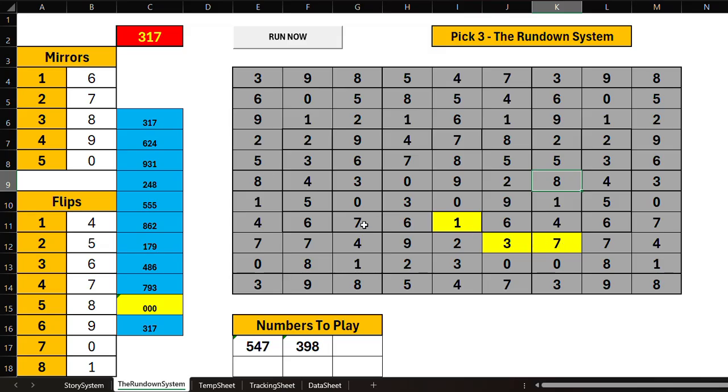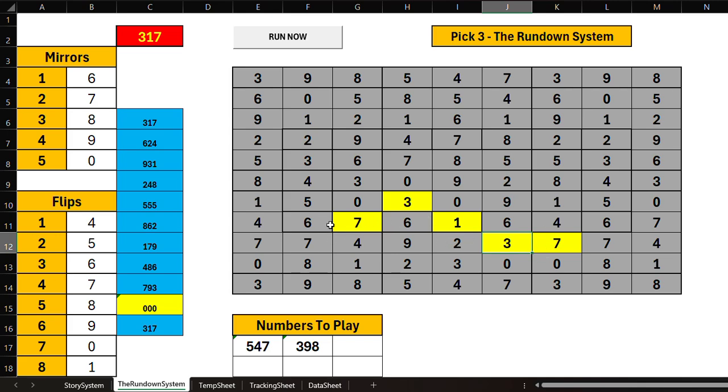So let's see if 398 is attached to this 317 somewhere. So let's see, 317, 3. So it's going this way too. 317, 317. Okay, so let's use that.